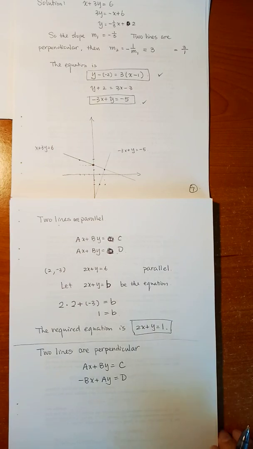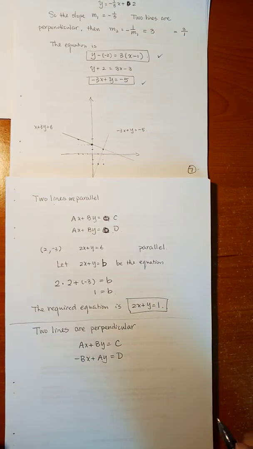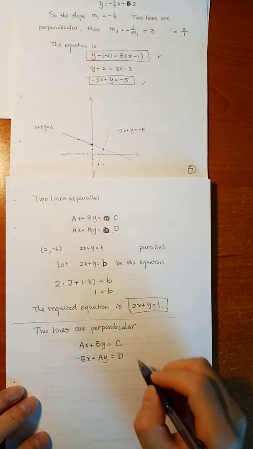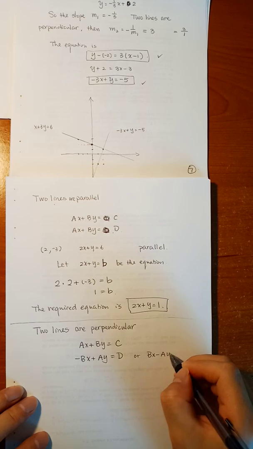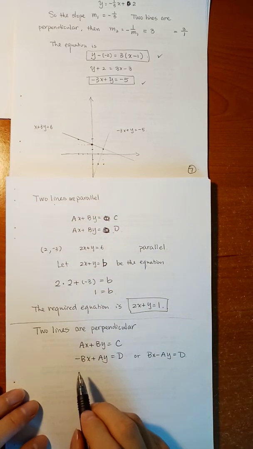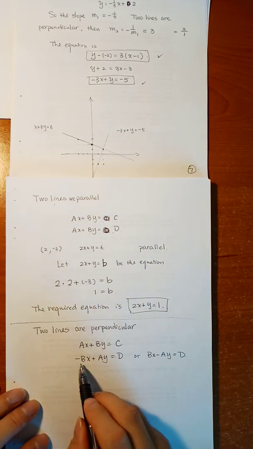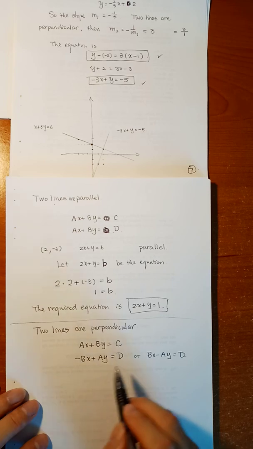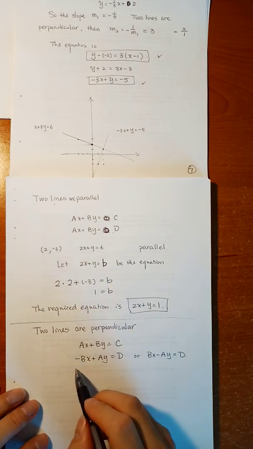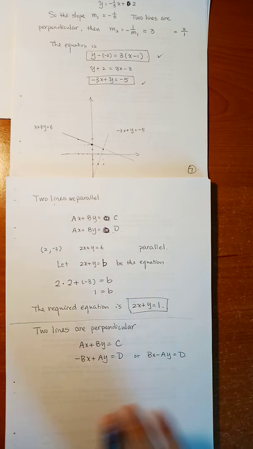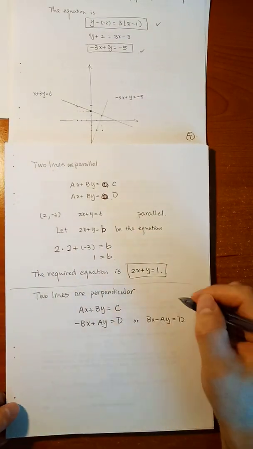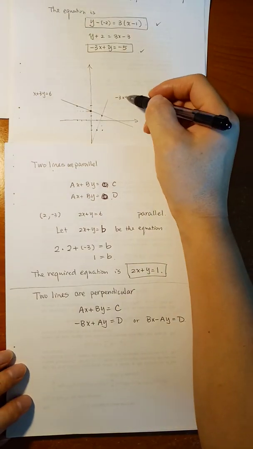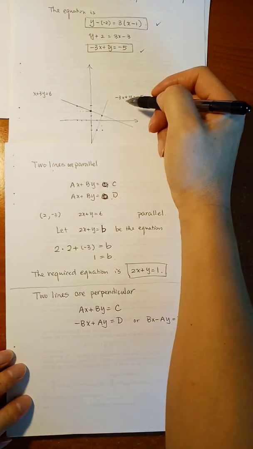You switch the order. You may have this, or you have this, or Bx minus Ay, because if you multiply the equation by -1, you can move the negative sign inside. It doesn't matter, just focus on one part is enough.